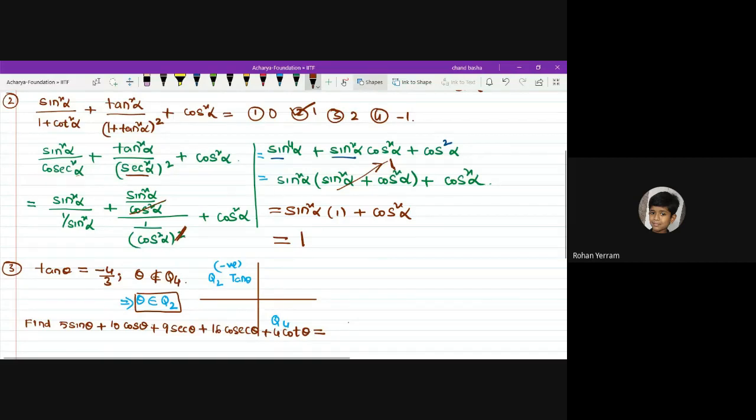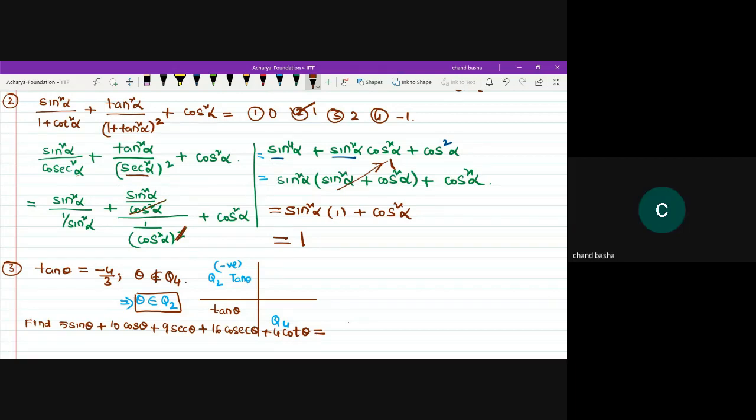Already he has given tan. In the question itself, he mentioned that theta does not belong to quadrant number 4. Tan theta is positive in the first and third quadrants, and it is negative only in the second and fourth.